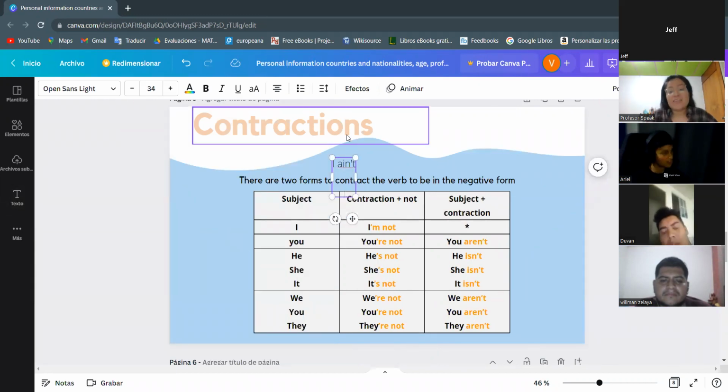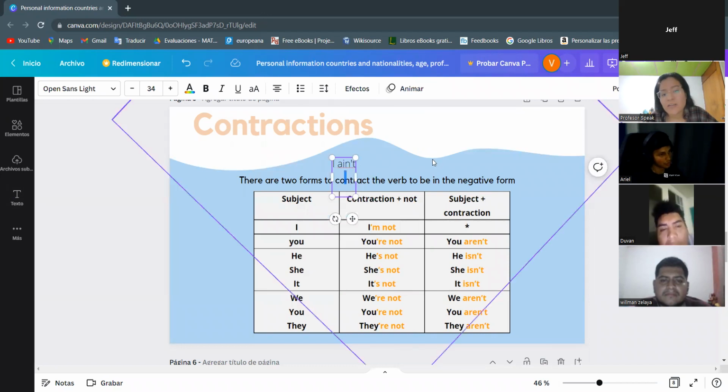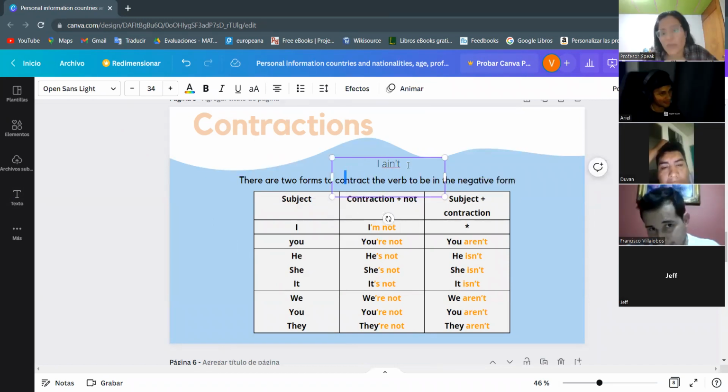Yes, this is not recommended if you want to speak in a formal way. This is slang. If you say I ain't in a job interview, for example, whoever is doing the interview will react, because it's not formal.